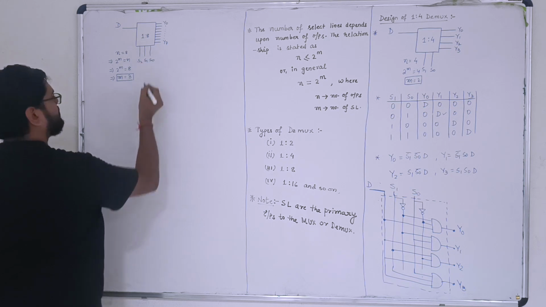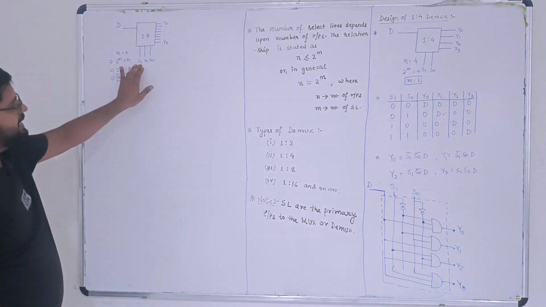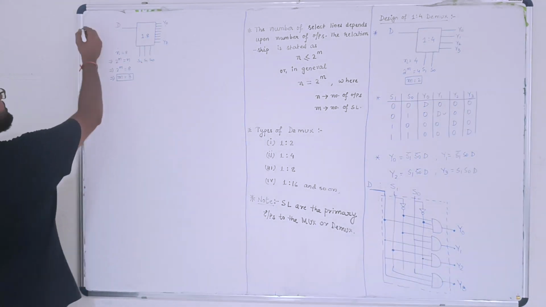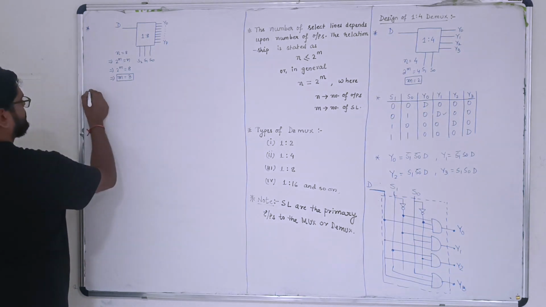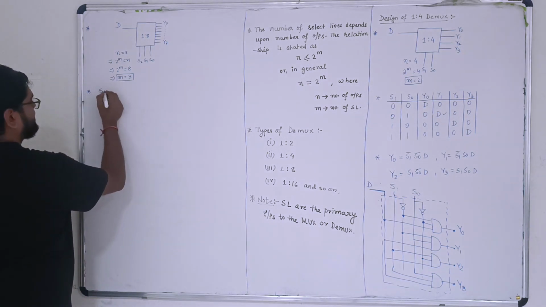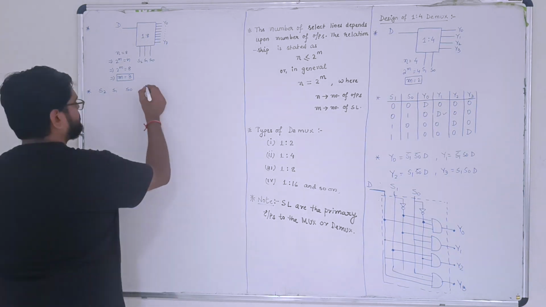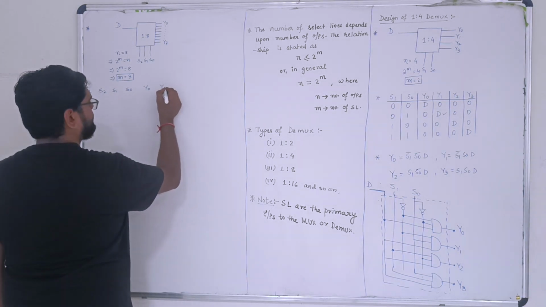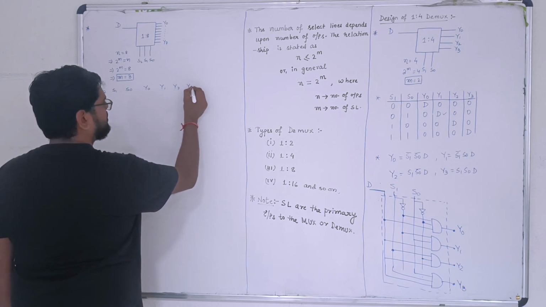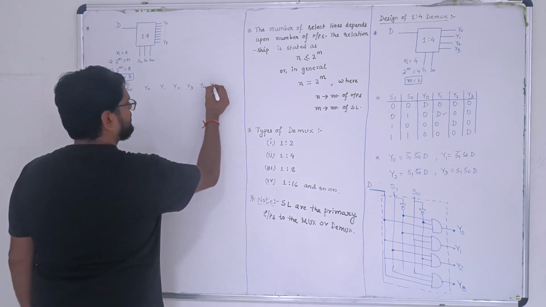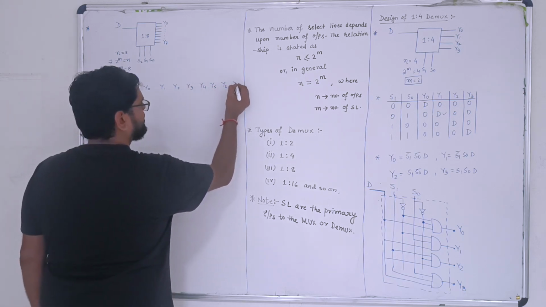S2, S1 and S0. Now since select lines are the primary inputs, this was the first step. The second step is to write the truth table. You can write the truth table very easily. 3 select lines, I am taking as S2, S1, S0, and 8 outputs starting from Y0, Y1, Y2, Y3, Y4, 5, 6, 7.